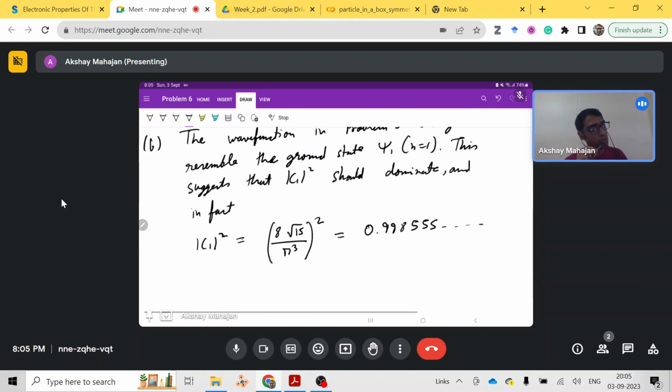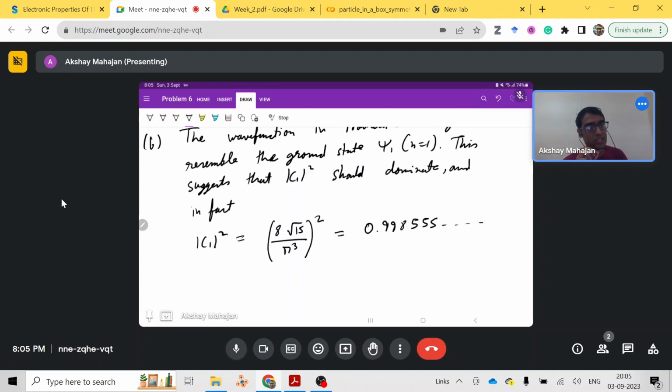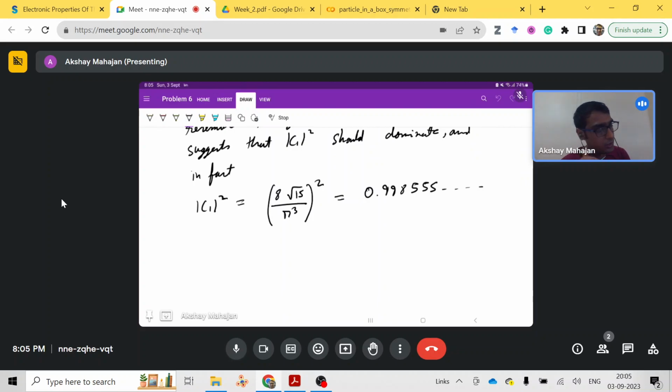So it is almost 99.8555%. You can see the wave function is made up almost entirely of our ground state, so clearly it is the dominant one.